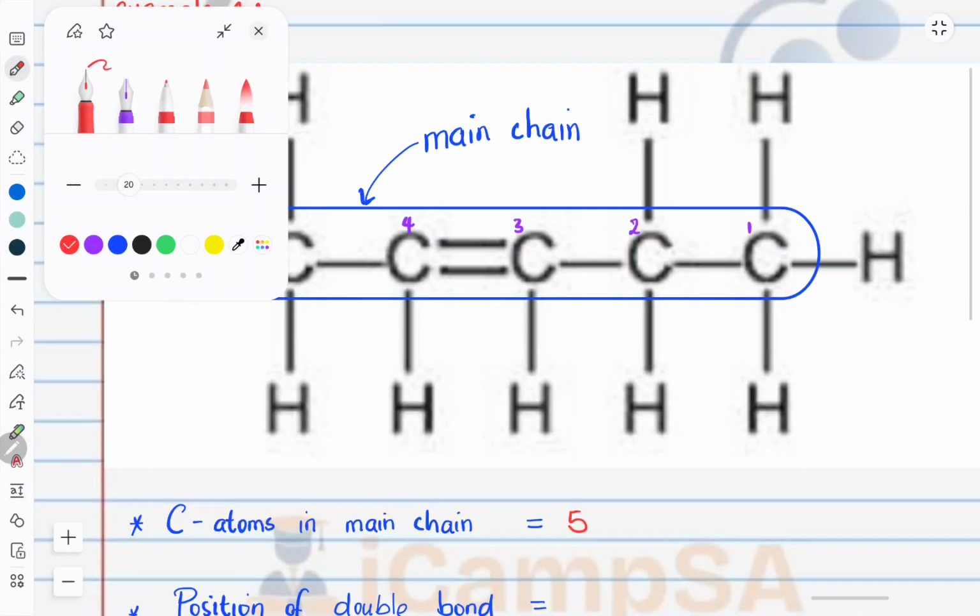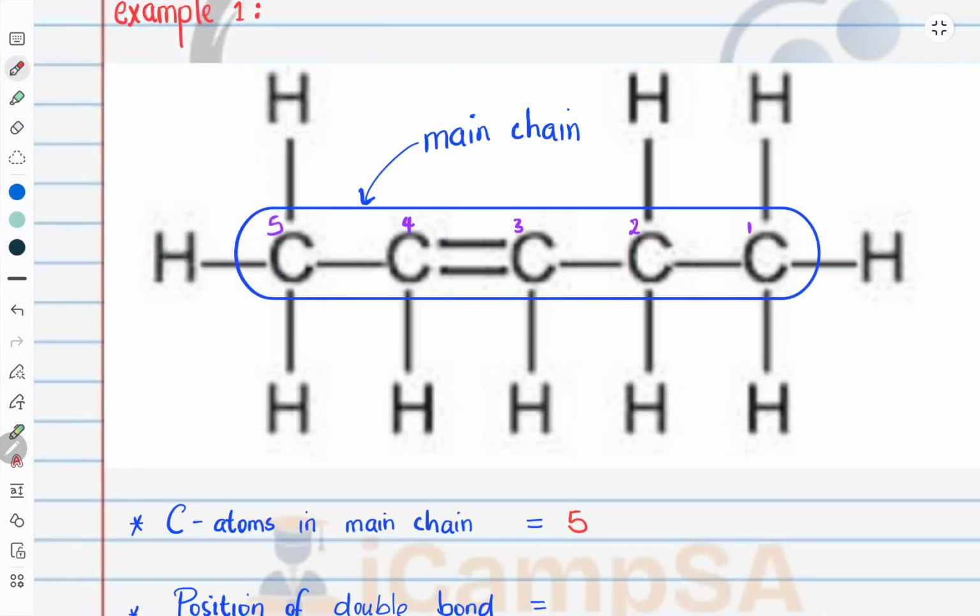Now if I were to number the same carbon atoms from left to right, I would say 1, 2, 3, 4, 5. When I number from left to right, my double bond is on the second carbon atom. On the other hand, when I number from right to left, my double bond is on the third carbon atom.